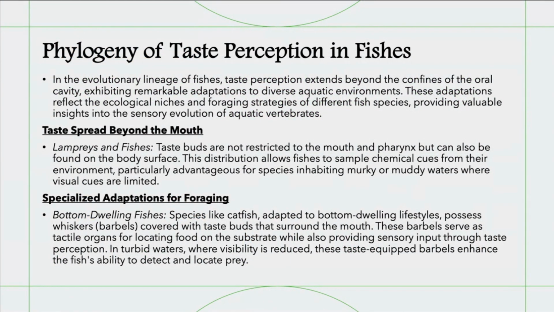Okay, so the phylogeny of taste perception in fishes. In the evolutionary lineage of fishes, taste perception goes beyond the oral cavity, because as we said, some chemoreceptors in fishes can be found on the surface of their skin. Lampreys and fishes have taste buds that are not restricted to the mouth and pharynx, but can also be found on their body surface.